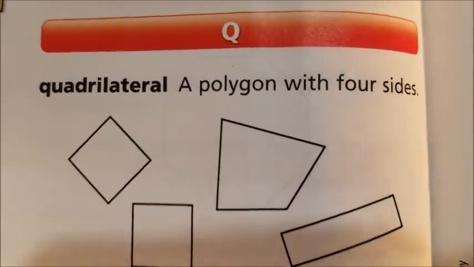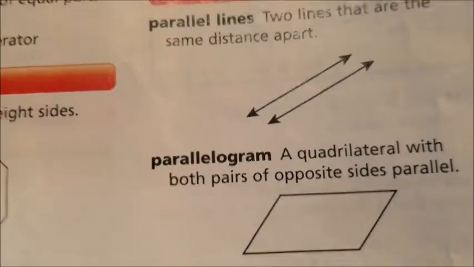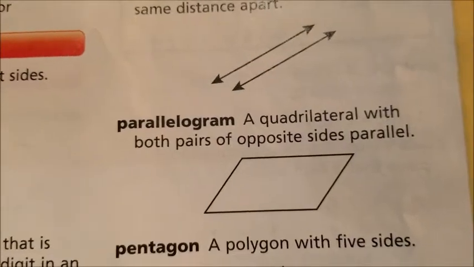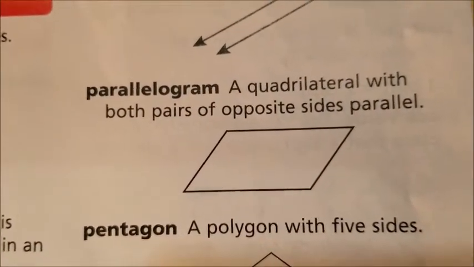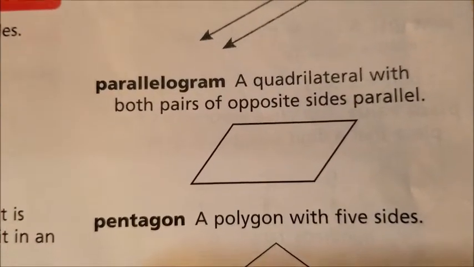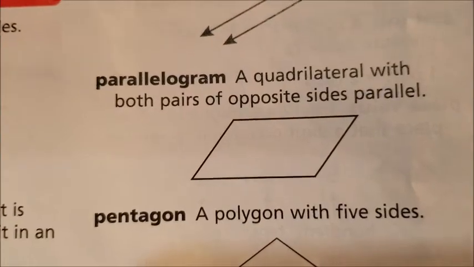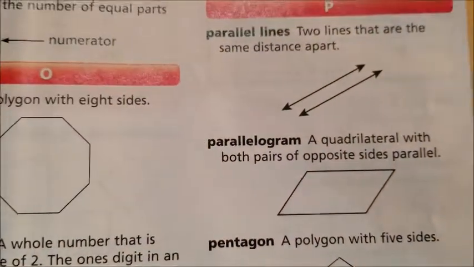Let's check out a parallelogram here. It says that a parallelogram is a quadrilateral with both pairs of opposite sides parallel. Let's check out rectangle right now.